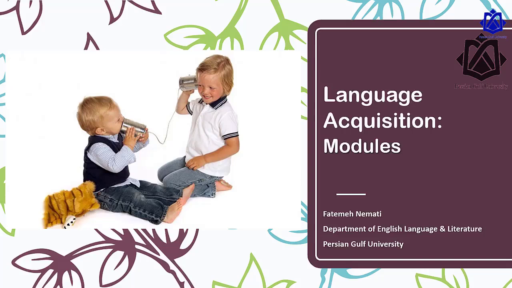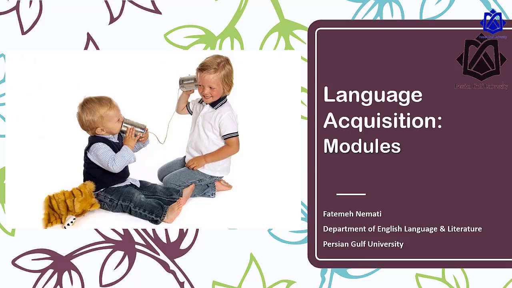Not only can we talk about language acquisition in terms of stages, but we can also talk about the different modules of language, the different components of the language, like how phonology is acquired, how morphology is acquired, how syntax is acquired.